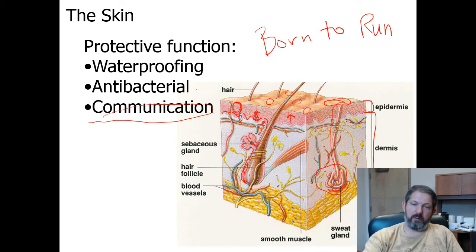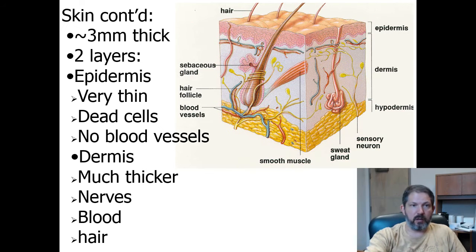I don't actually know if that's why we have so many sweat glands, but it's a great cooling system, and not all animals have that. Dogs have to just pant through their tongue. Some animals just have no sweat glands because it is a way to lose water, right? Okay.